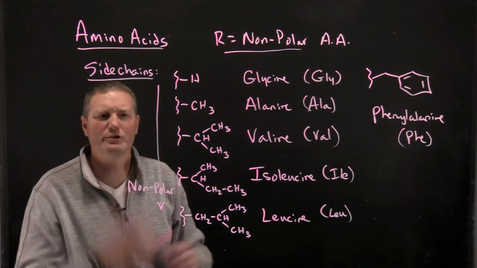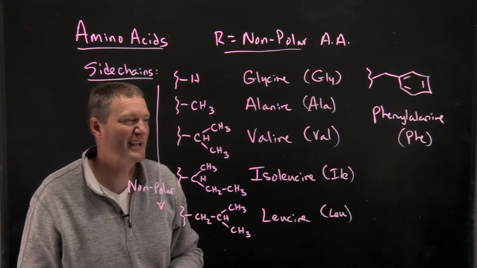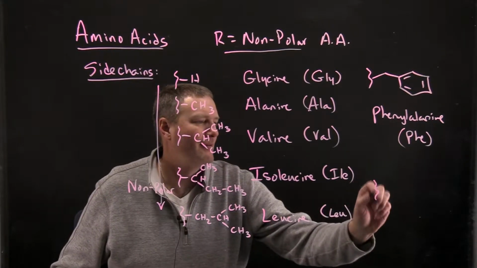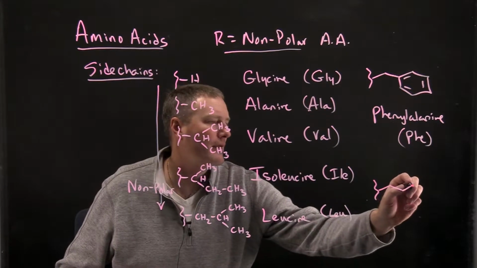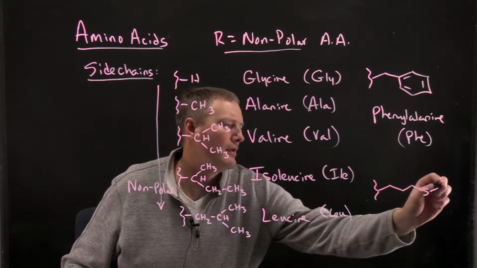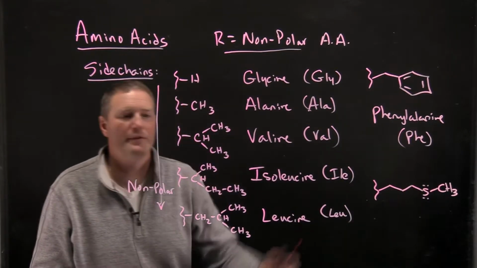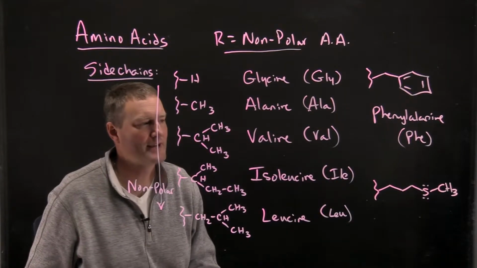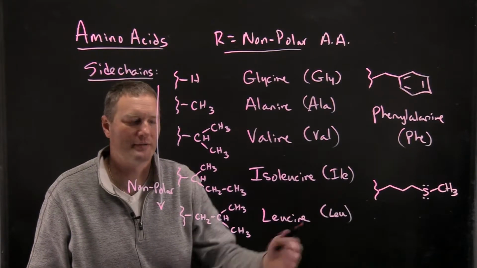There's one other one that's usually classified as a nonpolar. This one actually has a sulfur in it, but it actually has an ether. Okay, so this thioether or sulfide type group, notice it's got sort of a long carbon chain, sulfur, then the methyl group.